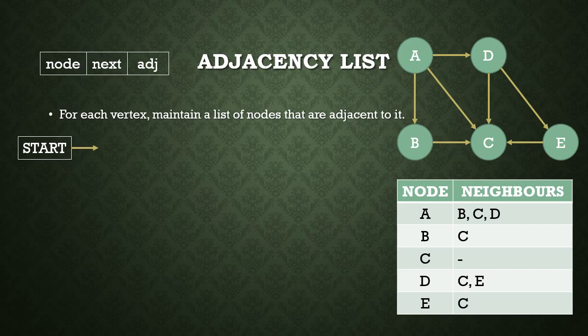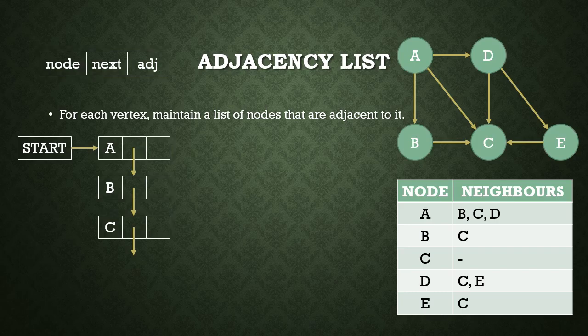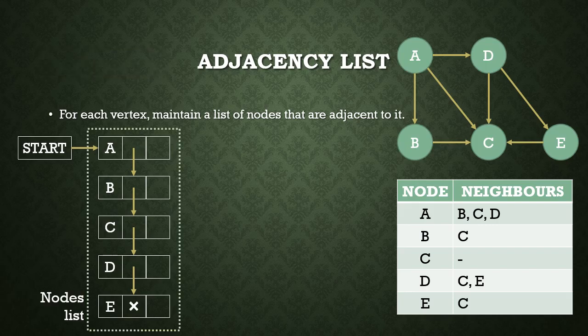So this is the data structure for A, and then the next pointer of this node points to the node containing B. The next pointer of this node points to the node containing C. The next pointer of this node points to the node containing D. And the next pointer of this node points to the node containing E. The next pointer of the node containing E is none because these are all the nodes that the graph has. This is my nodes list.